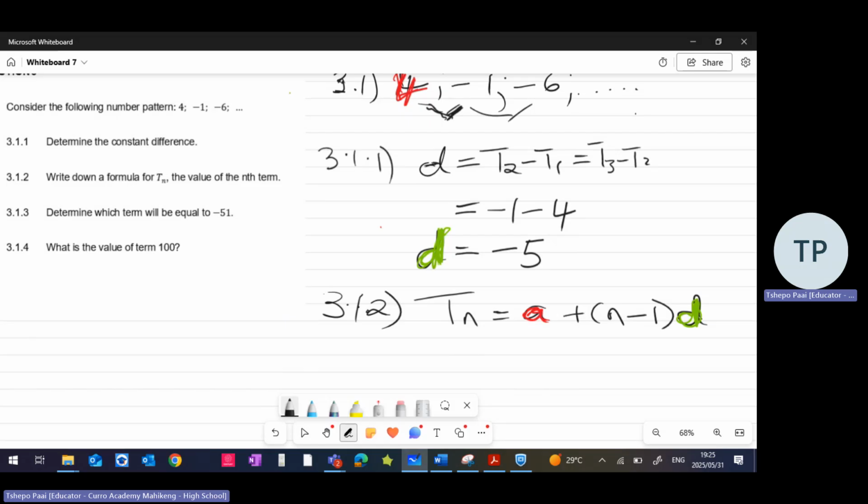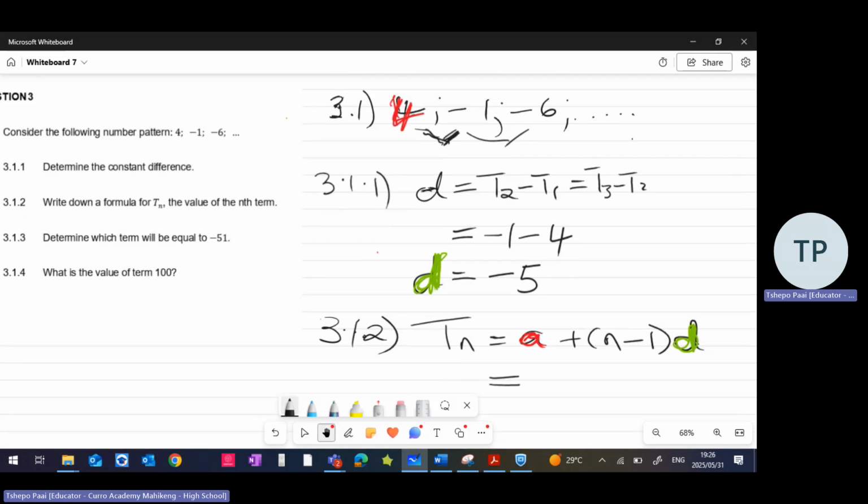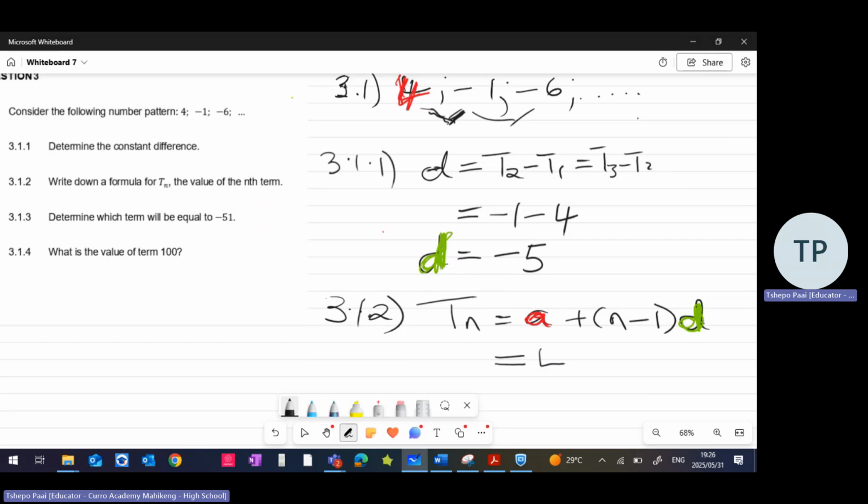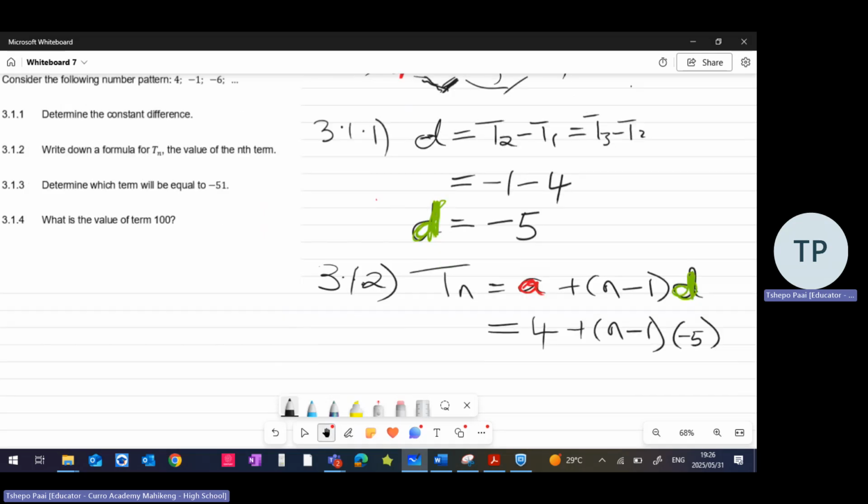Now let us substitute. What is the value of a? The first term of the number pattern, it is 4 plus n minus 1 times, what is our d according to the calculations? It's -5.